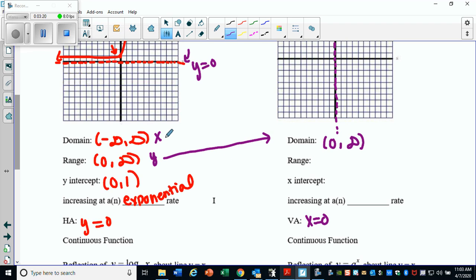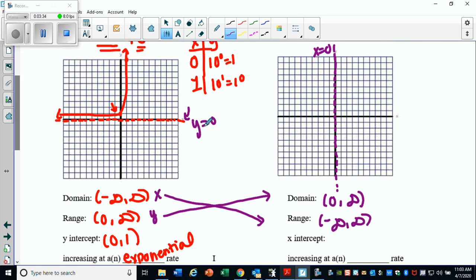The range of your logarithmic comes from the domain of your exponential. So we know that our range is now going to be negative infinity to infinity. Now, before we graph this, let's just think about what that means. So our domain, that means my graph is going to be entirely in your first and fourth quadrant. My range is going to go up and down infinitely.